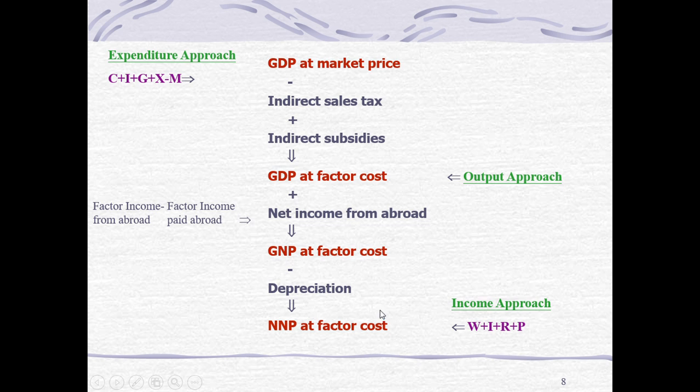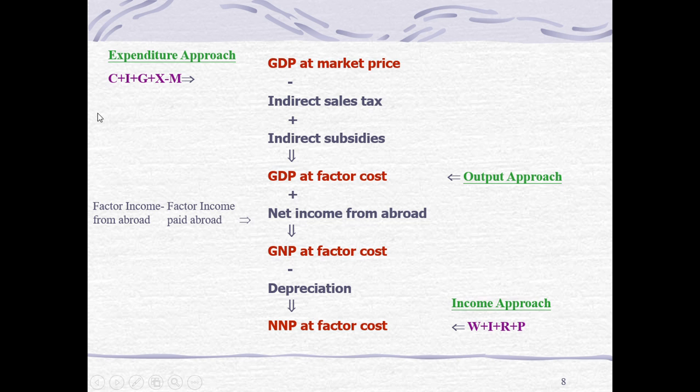But in reality, this is not possible to calculate because you can't go to every Ghanaian in the country and ask how much are you earning. It's not possible. So normally we use the gross domestic product in our calculations. That is in real economies. Yes. So the expenditure approach looks at consumption expenditure. This C represents consumption, I represents investment.